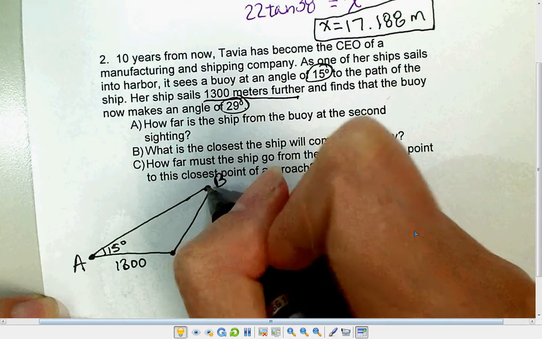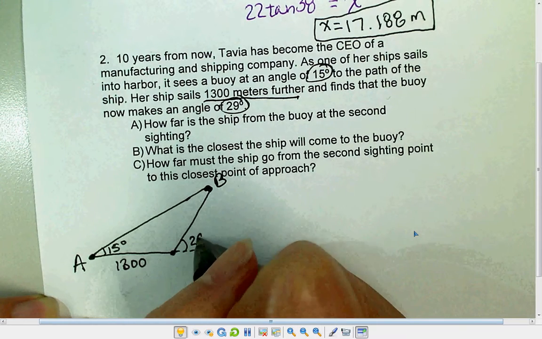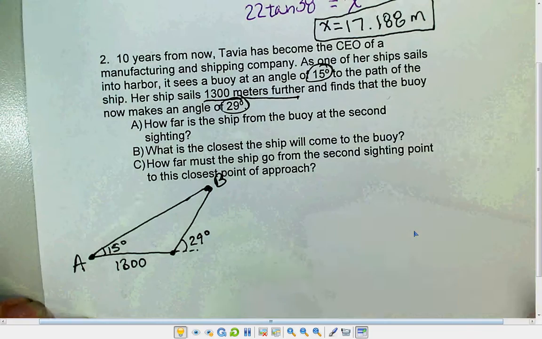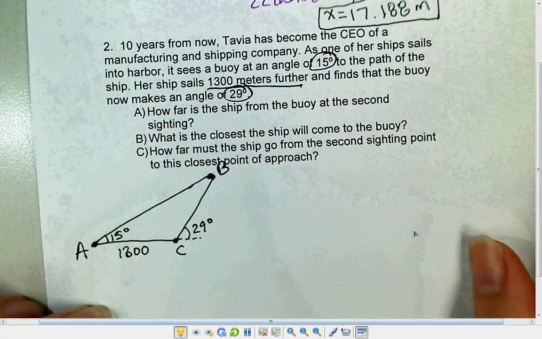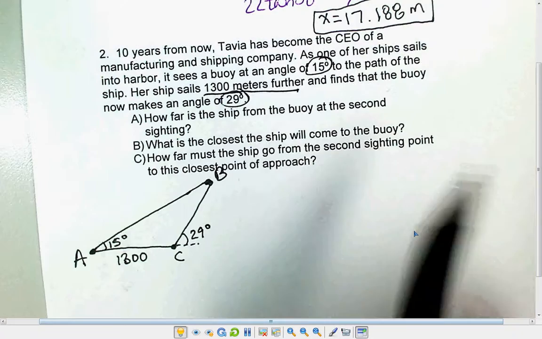Now it's making an angle of 29 degrees. So right here is 29 degrees. So we'll call this C. So this is currently what we know from this problem.